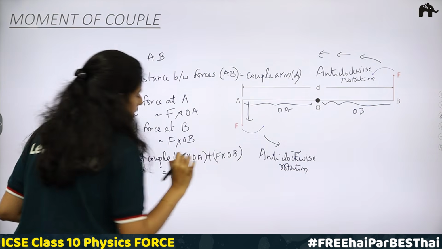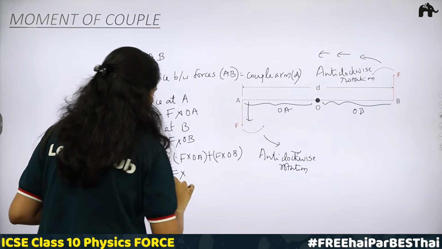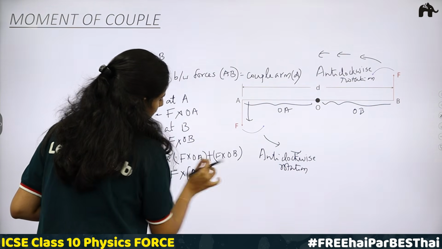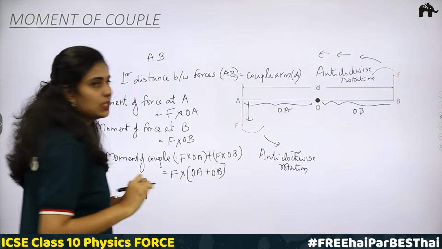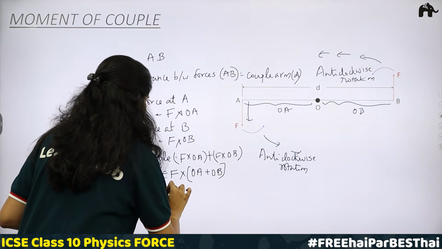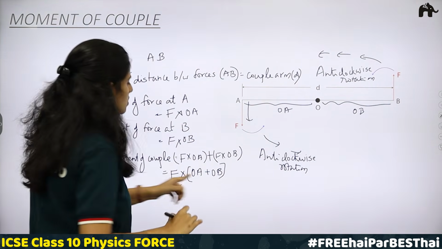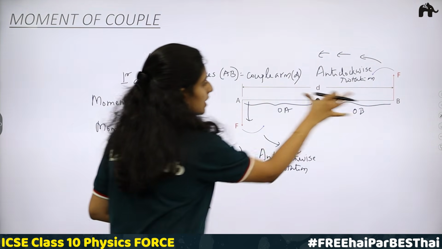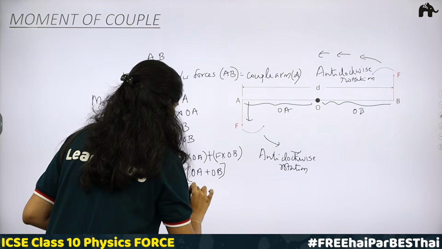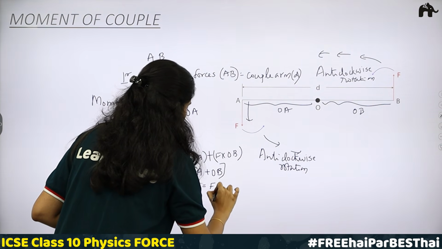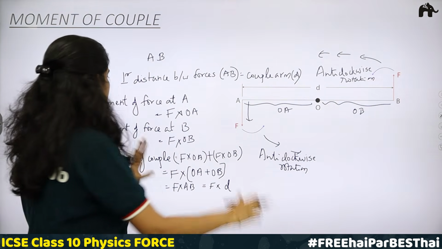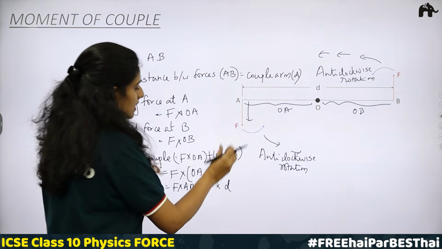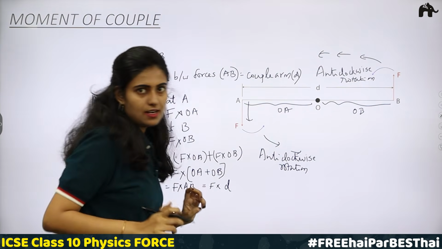Take force common, F into OA plus OB, which is equal to F into, what is OA plus OB? OA plus OB will be equal to AB. F into distance D. Therefore we can say that this distance D is the couple arm.